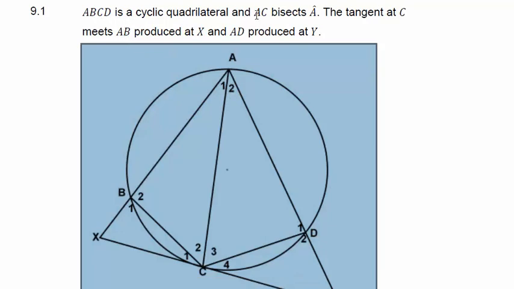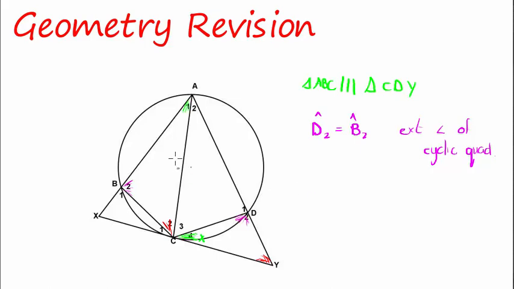They say ABC is a cyclic quadrilateral, AC bisects A, which means A1 is equal to A2. So AC bisects A. So in other words, you already know that A1, if this one is x, that one is also x. And we already know that this one is equal to that one because of the tan chord theorem.